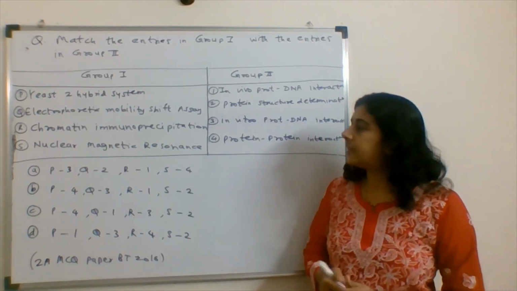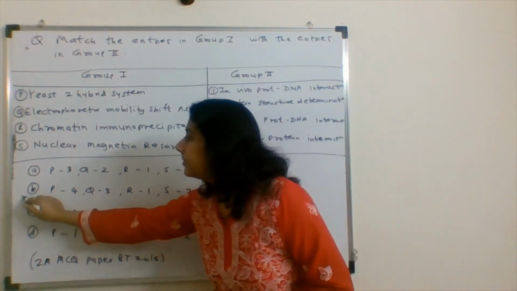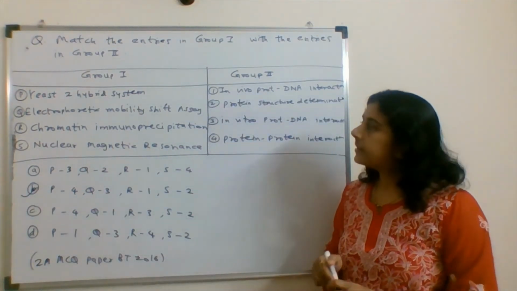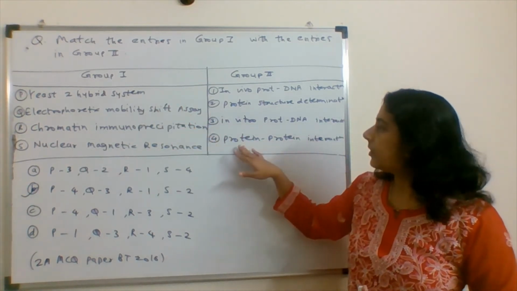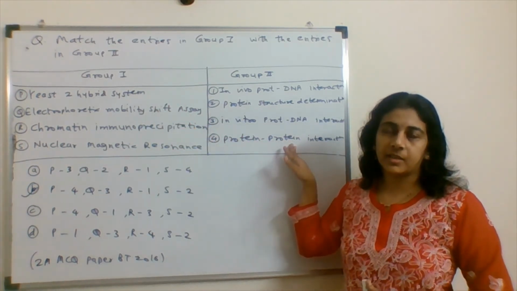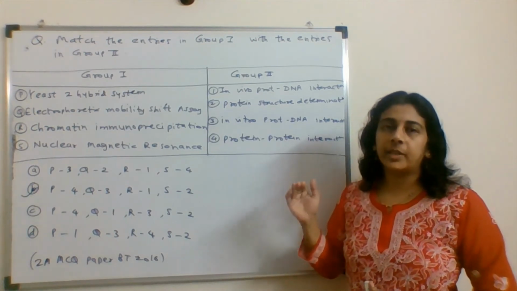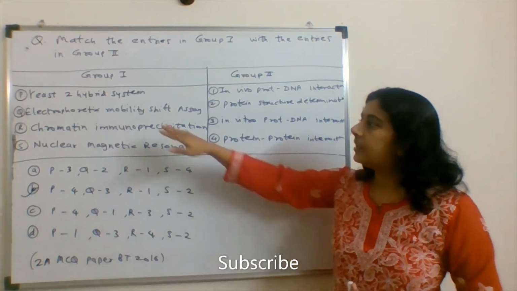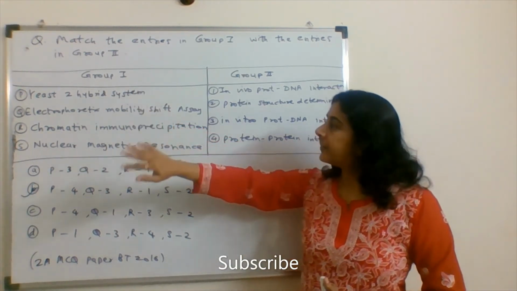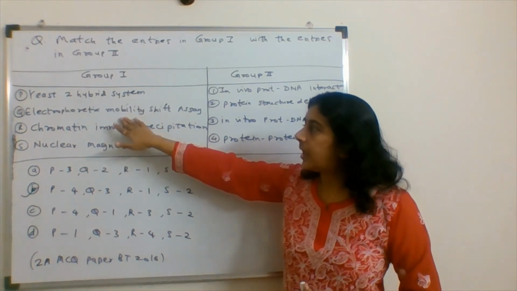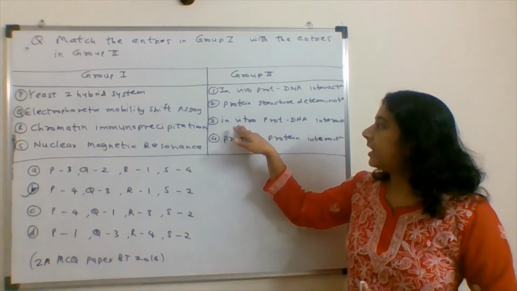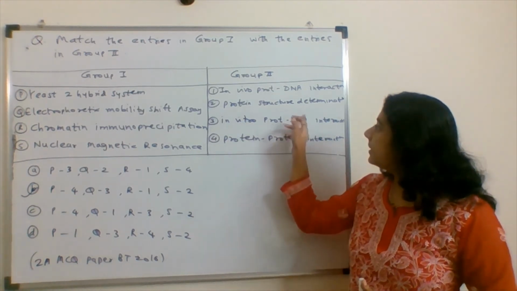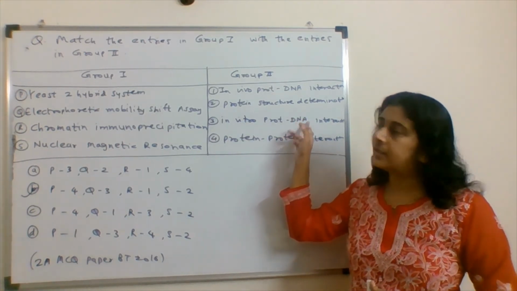So the answer for this question is option B, that is yeast 2 hybrid system. This is for protein-protein interaction. We can find out the protein-protein interaction using the yeast 2 hybrid system. The electrophoretic mobility shift assay is for in vitro protein DNA interaction.